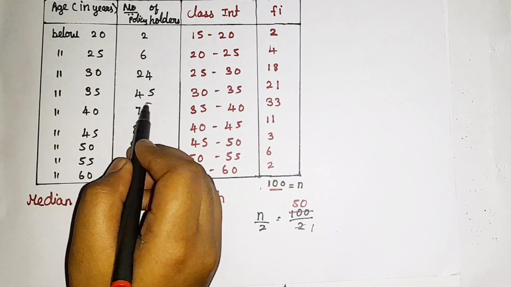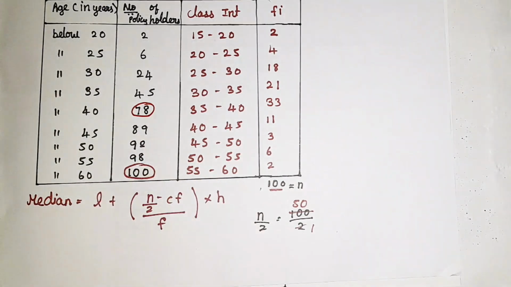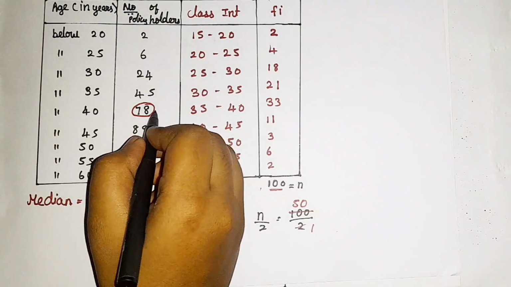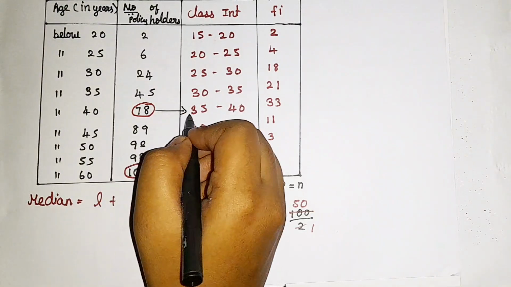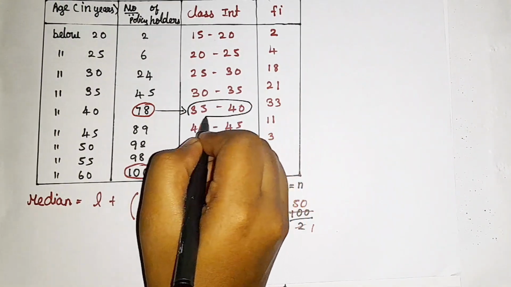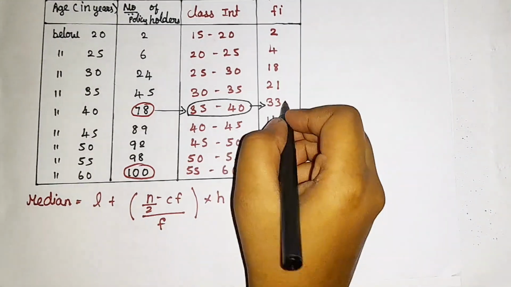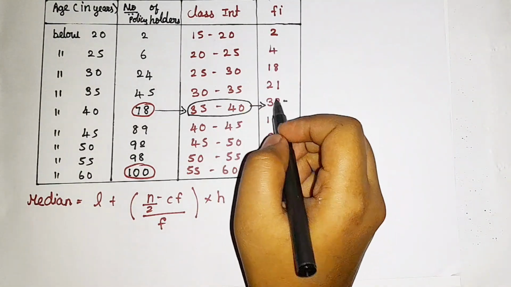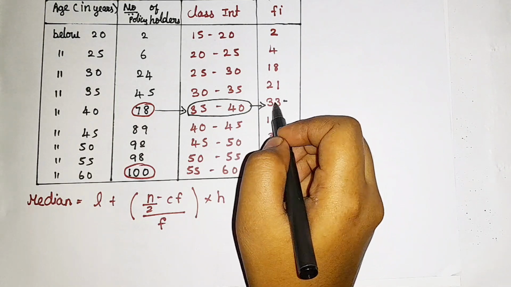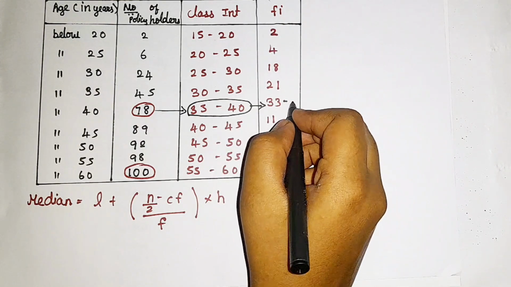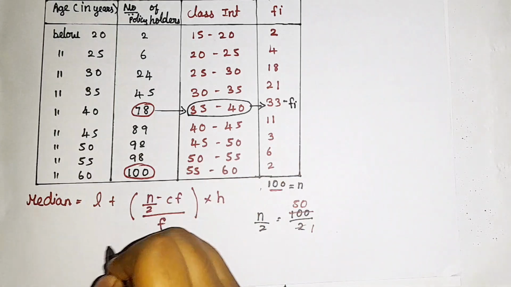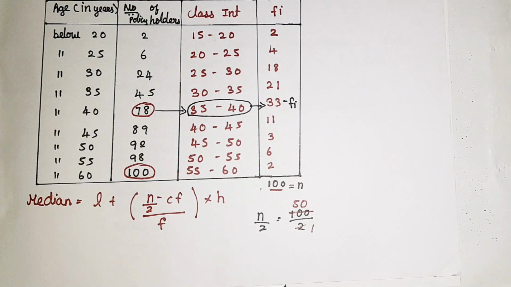So I am going to take 78. Now when you come straight right over here, we get a value; please round that value. When you come straight, we get a value on the frequency table. This is going to be your Fi value. This is how we find the Fi.